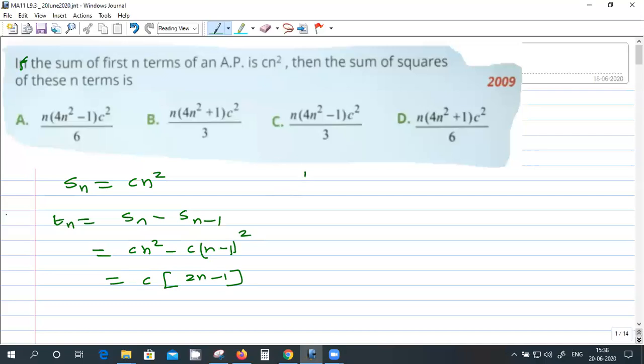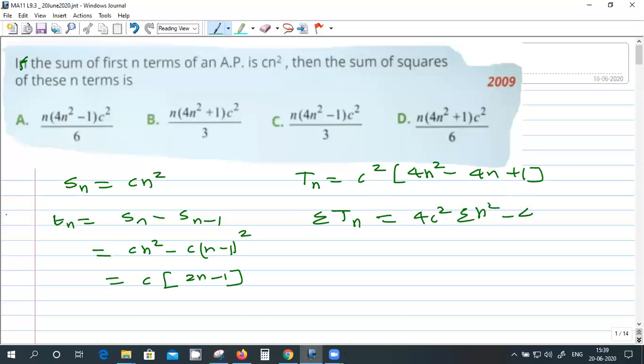Now I have to form a series with terms as C square into (2n minus 1) the whole square, that is 4n square minus 4n plus 1. This is a new series for which I have to find the sum. So I have to find sigma of Tn, right? So that is 4C square into sigma of n square minus 4C square sigma of n plus C square sigma of 1. Summation is 1 to n, sum of n terms.